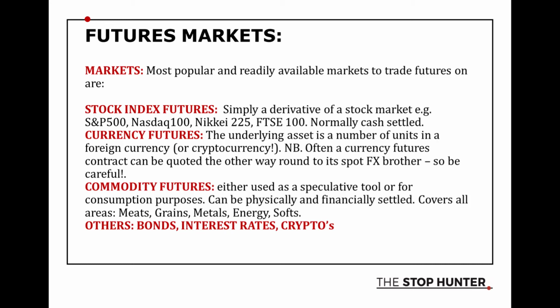A whole bunch of combinations available there. Lot of commodities out there: meats, grains, metals, energies, softs, all available, and other markets as well, bonds, interest rates, and as I mentioned previously, a very big growing market is that of crypto futures.